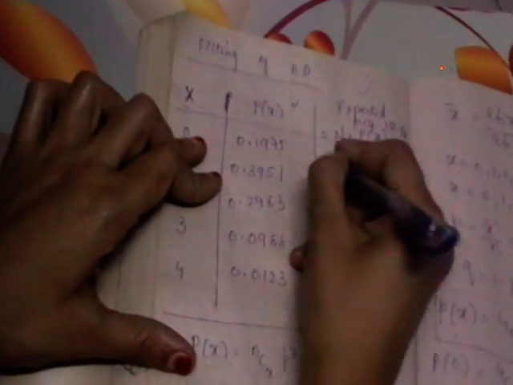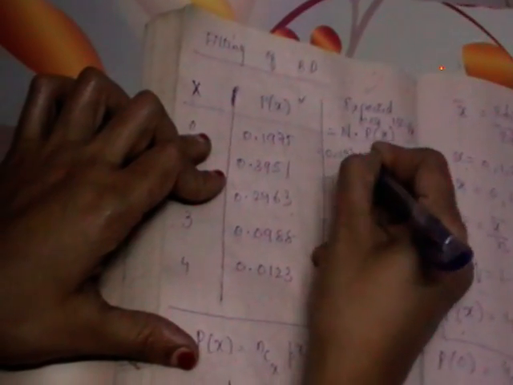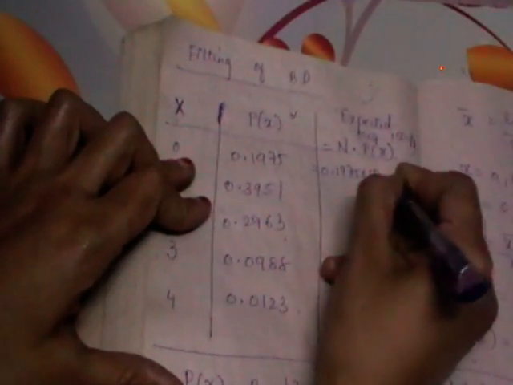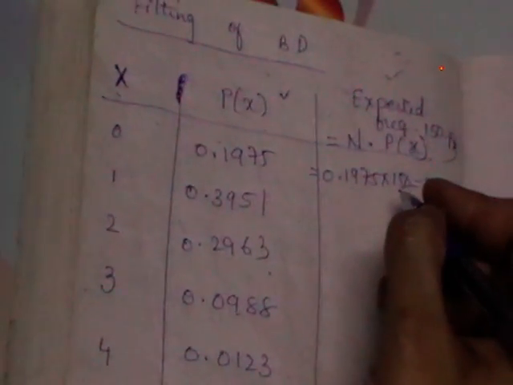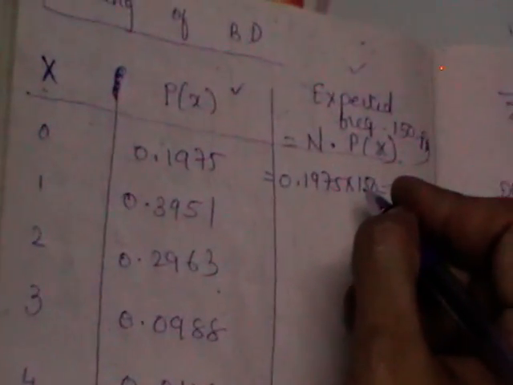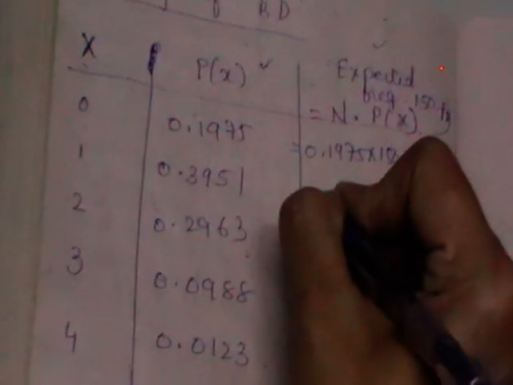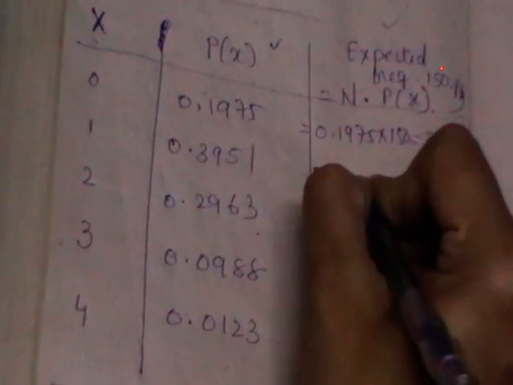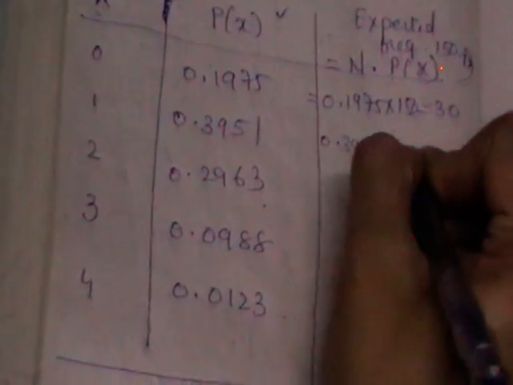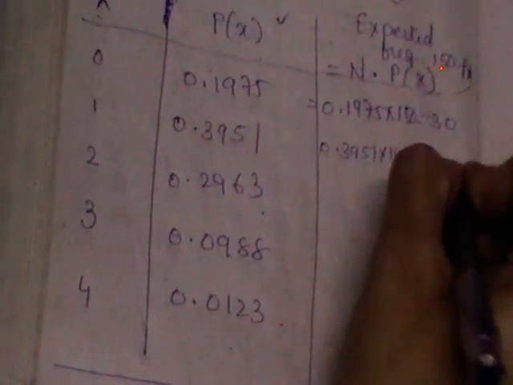So you multiply 0.1975 into 150, which is nothing but 30 approximately. You will get decimals, but as no frequencies can be in decimals, I am rounding to the nearest integers. Similarly, 0.3951 into 150 is nothing but 59 approximately.